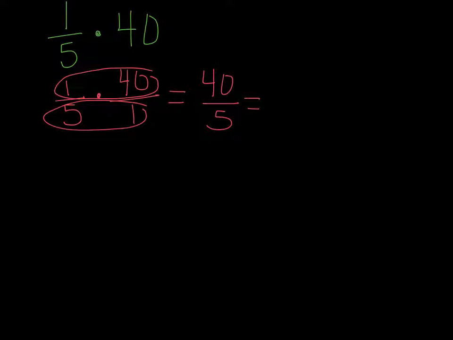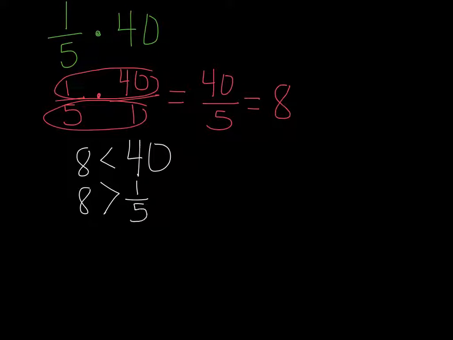And 40 over 5 is the same as 40 divided by 5, which would be 8. So there you can see that our product, 8, is in fact less than 40, which is the whole number, but it is greater than 1/5, our fraction.